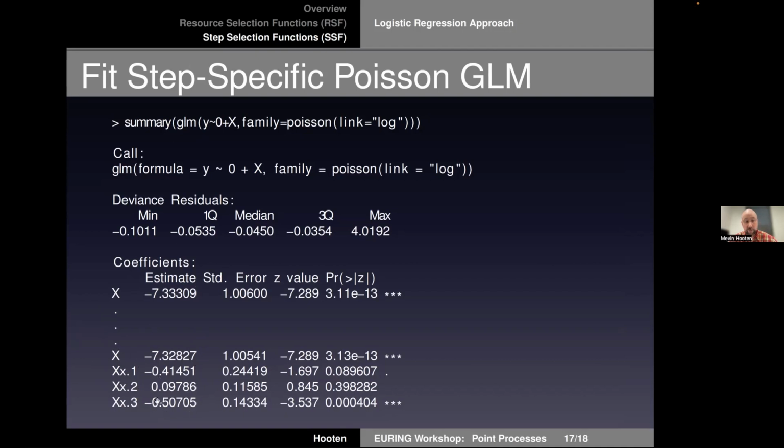And you notice real similar coefficients as what we saw last time. And you could make inference on those directly using this approach. So negative 0.41 would be negative selection about elevation. 0.09 would be slightly positive selection toward slope. Negative 0.5 would be negative selection toward exposure.